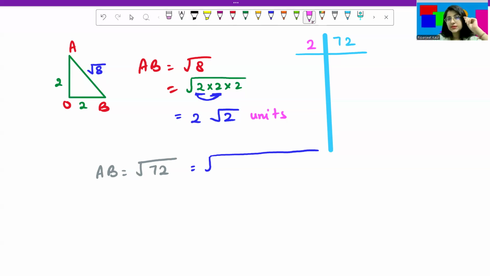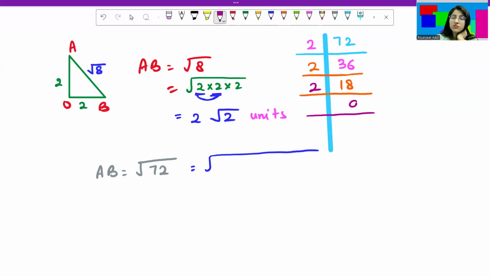36. What is the next number we can divide 36 with? 2. What do we get when we divide 36 by 2? 18. What is the next smallest number that we can divide 18 with? 2. What do we get? 9. What is the smallest number that we can divide 9 with? 3.